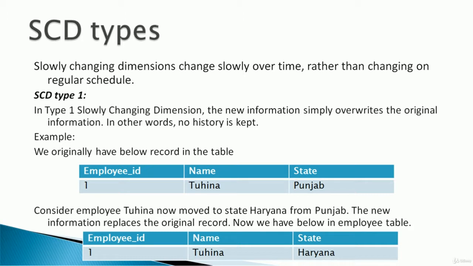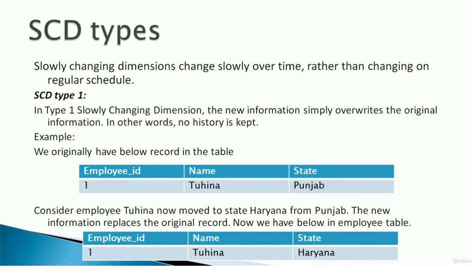For example, we originally have the below record in the table. Employee ID is 1, and for this employee ID name is Tuhina and state is Punjab. Now consider that employee Tuhina has moved to state Haryana from Punjab. Now the new record would have the state as Haryana. The new information replaces the original record.